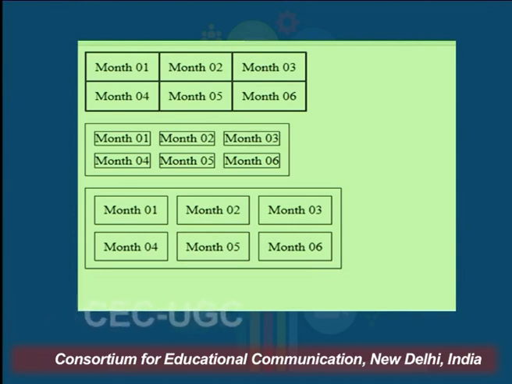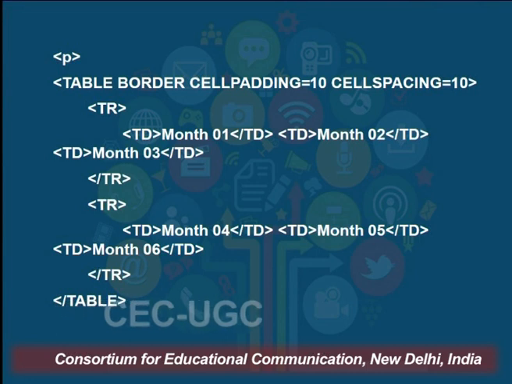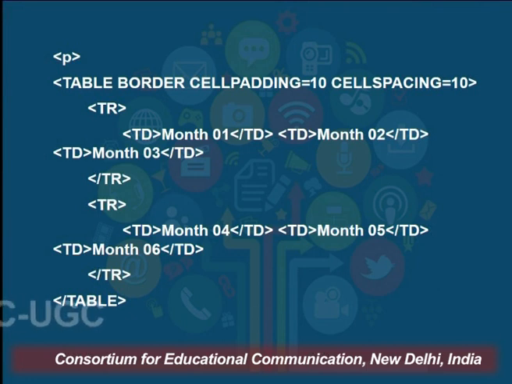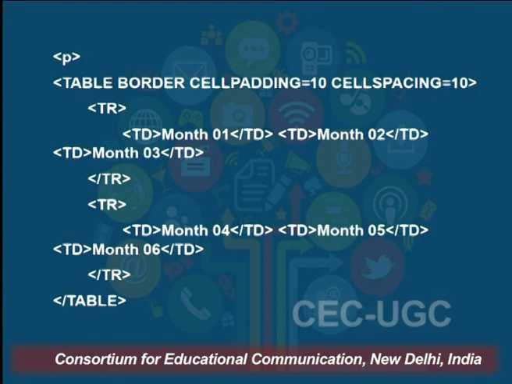So, the look of the table will be considerably altered when you use these attributes like cell spacing and cell padding. Like I just told you, in the third table we are using both the padding and the spacing attributes.